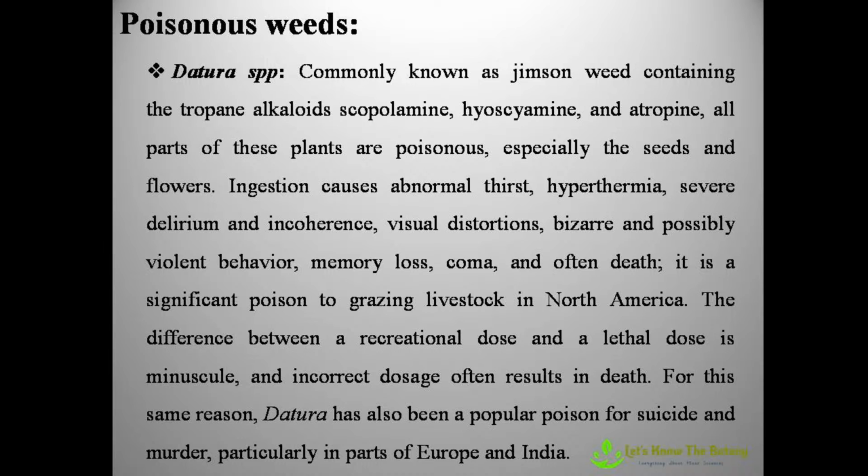Ingestion causes abnormal thirst, hyperthermia, severe delirium and incoherence, visual distortions, bizarre and possibly violent behavior. Memory loss may also occur. Then the patient may go into a coma, and often death may occur.